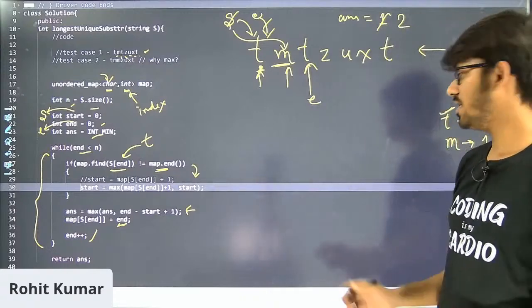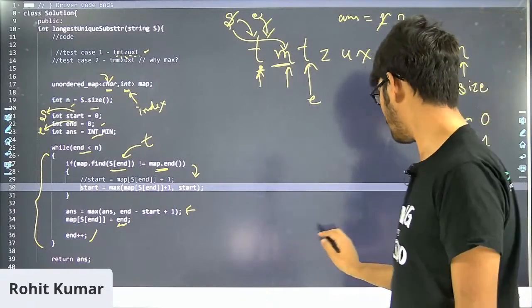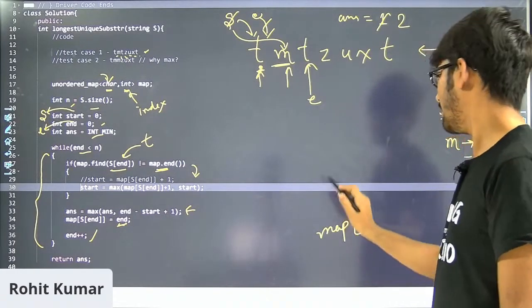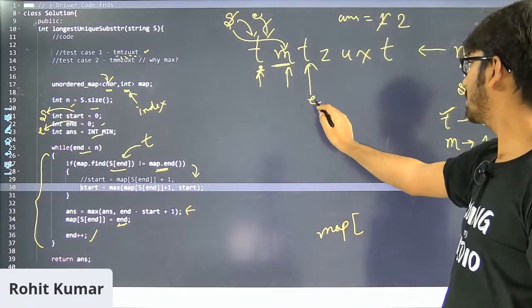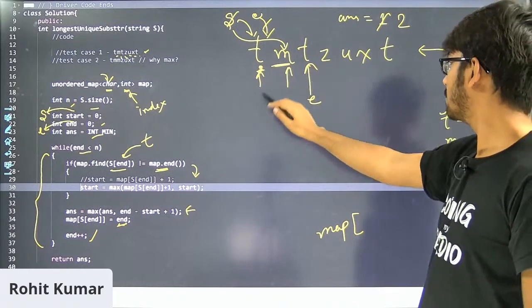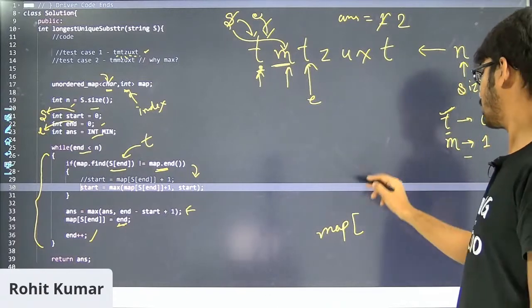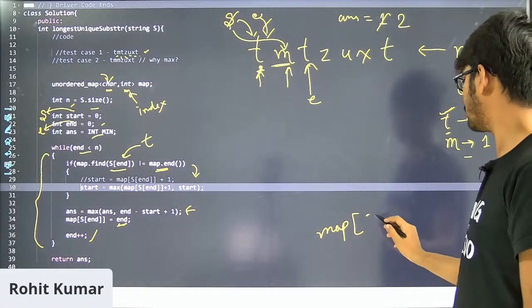So what is map[s[end]]? Let me write it for you. Where is your end? At index, basically at t. So map of t, s of t is 0.